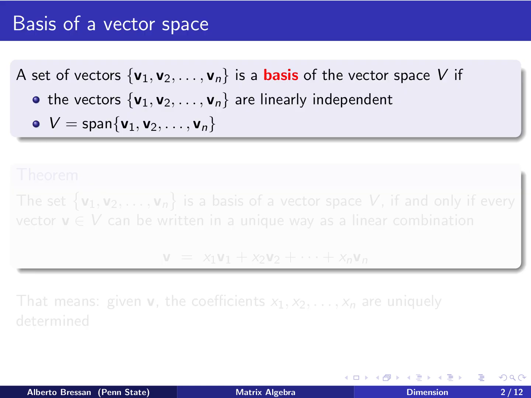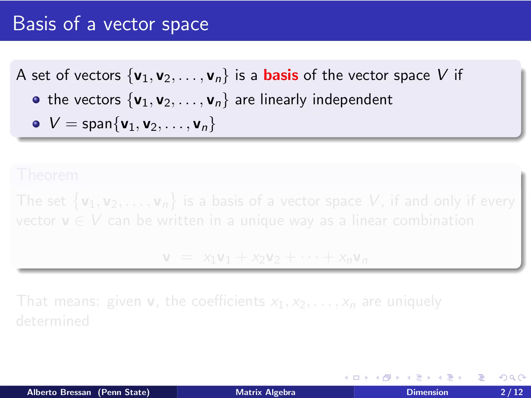Let's recall some previously introduced concept, that is the basis of a vector space. So if you have a vector space capital V and you have a set of vectors v1, v2 and vn, so there are n of them, and we say that these vectors will be a basis of the vector space if the followings are true.